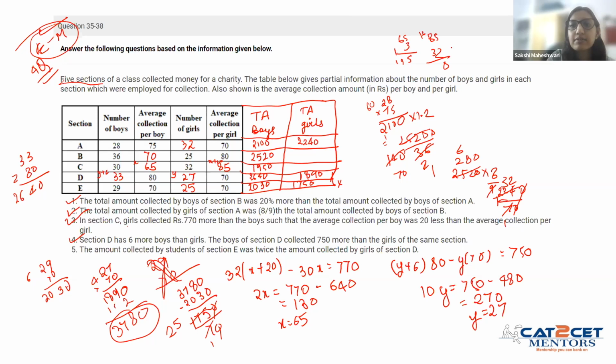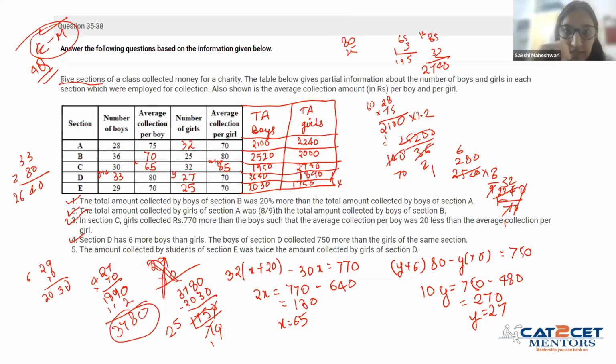And 32 8s are 256 and 16, 264, 274. So this is 2740. And 25 into 80. So this will be 2000. Okay, so now we could easily eliminate section E.